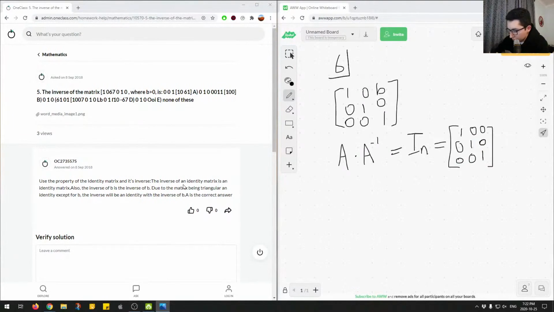So looking at this question, we're trying to see what is the inverse of this. So essentially we're trying to find what is A to the negative 1. So the inverse of this. So if we were to write this out here, we know this is equal to A: 1 0 0 0 1 0 b 0 1.